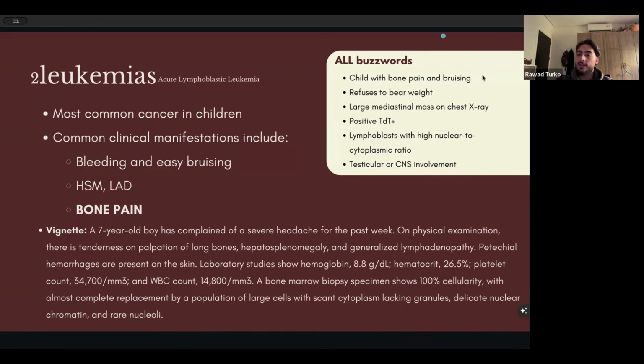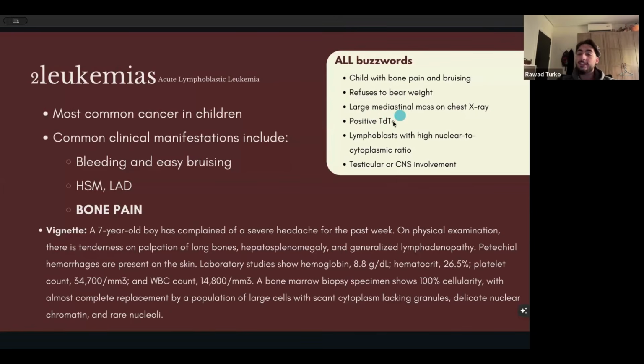Here are the buzzwords that they always repeat over and over. As soon as you see any of these, it's a pretty strong indicator of ALL. A child with bone pain and bruising, refusing to bear weight, obviously because of the bone pain. Large mediastinal mass on chest X-ray. Again, this is more specific for the T cell subtype and more in teenagers.